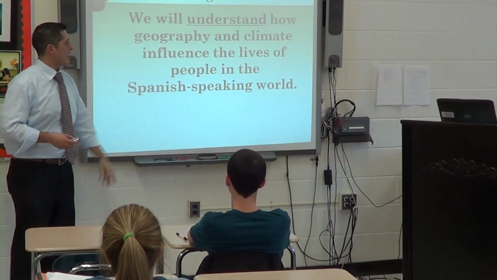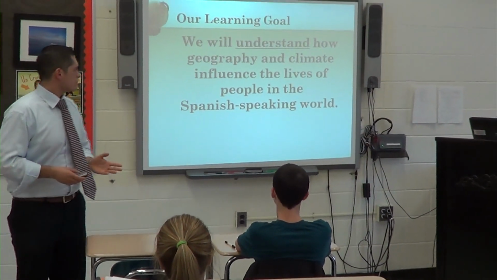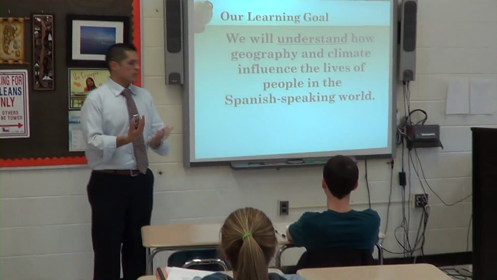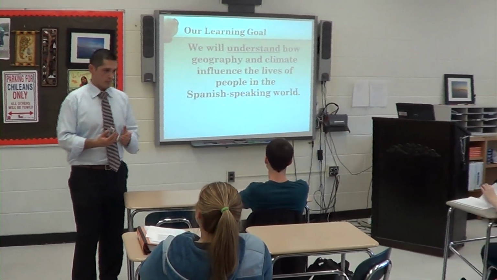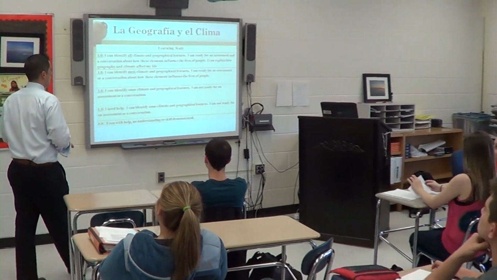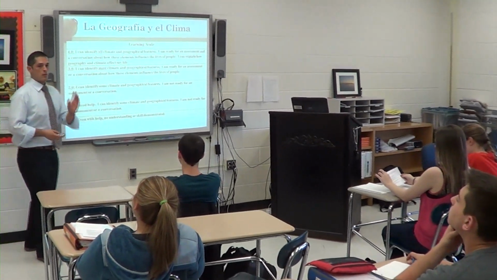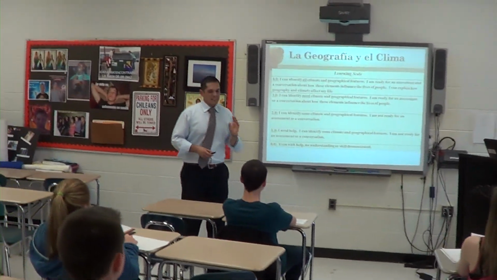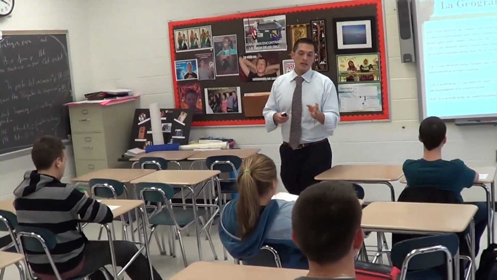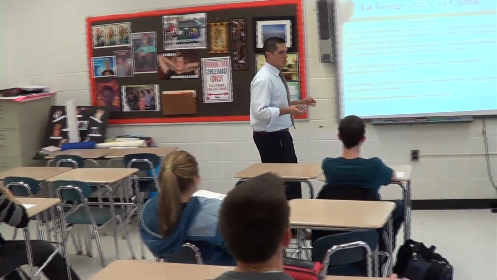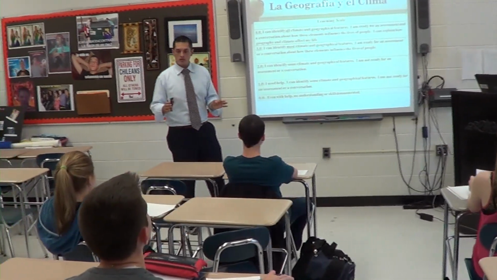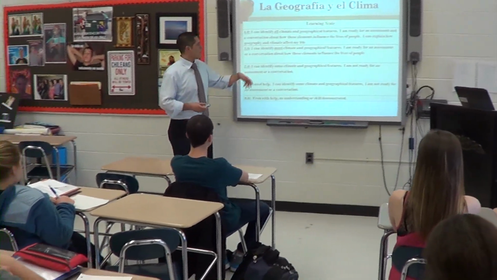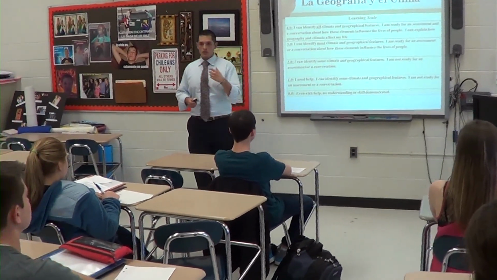Now, before we move on, let's take a look back at the learning goal that we've been working with, okay? We will understand how geography and climate affect and influence the lives of people in the Spanish-speaking world, okay? So, now, let's go back to the scale that we've been working with. So, let's just remember, if we are a 3, we can identify most of the climate and geographical features, and we're pretty confident we can take a test or we can have a really good conversation with this topic. Then if we're a 4, we can do all of those.